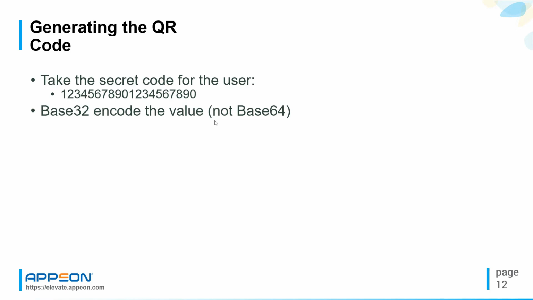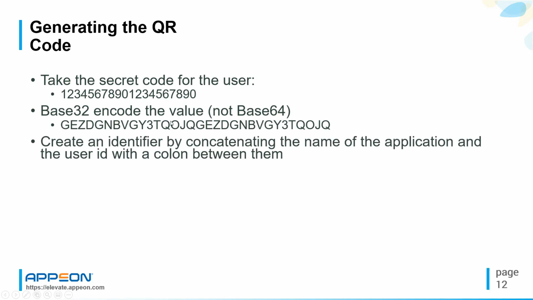And so when we go deep in the weeds, we'll see how I created a base 32 encoding routine in PowerBuilder. So this is what you get when you base 32 encode this key value. You get this string. Well, it's not quite hexadecimal, but this is a base 32 encoded string.